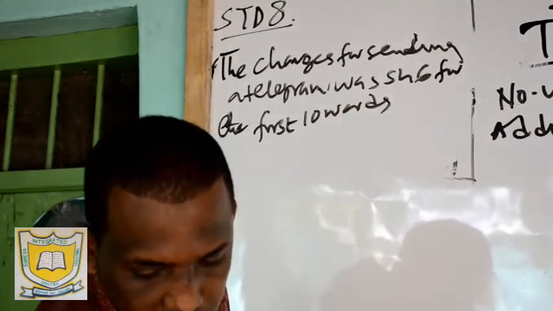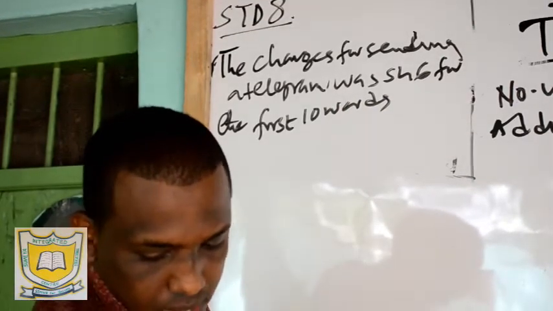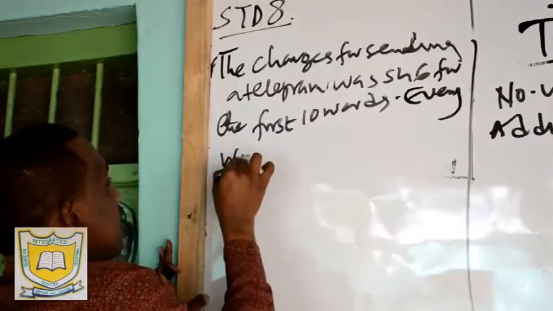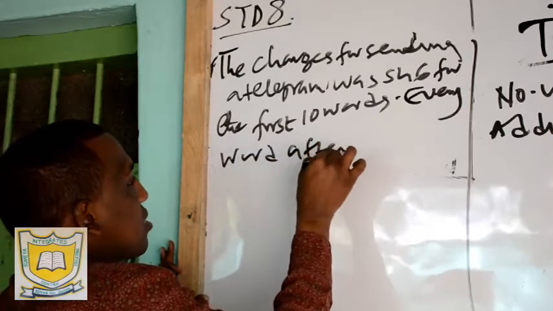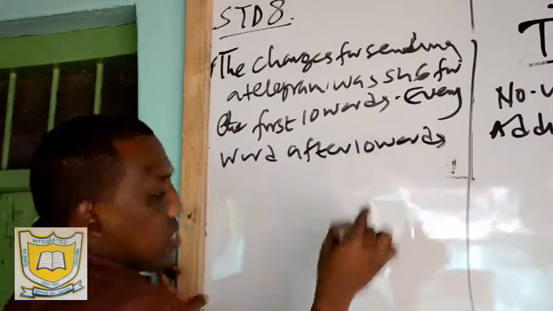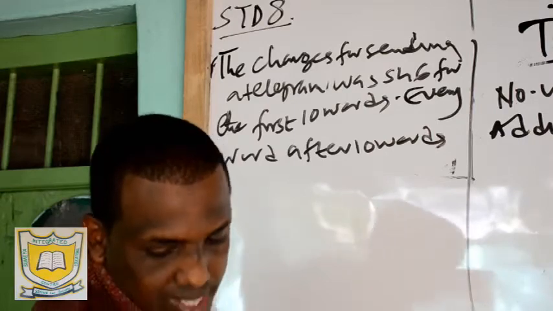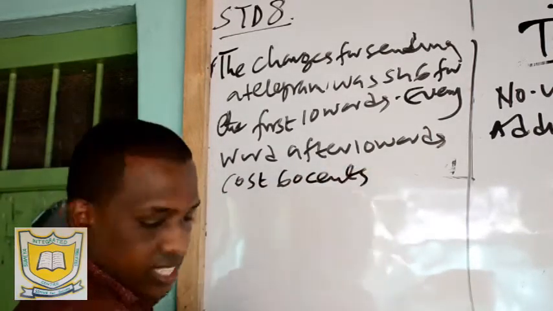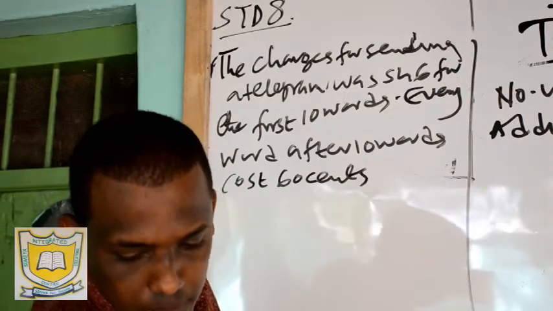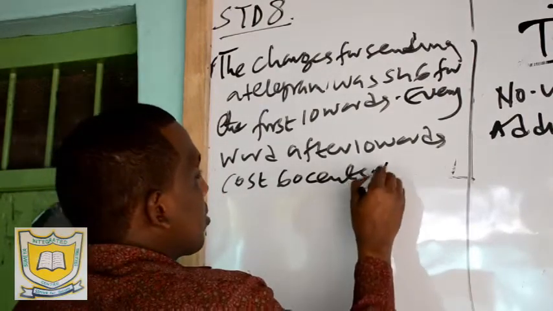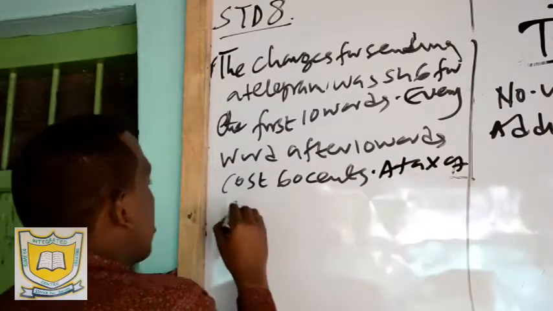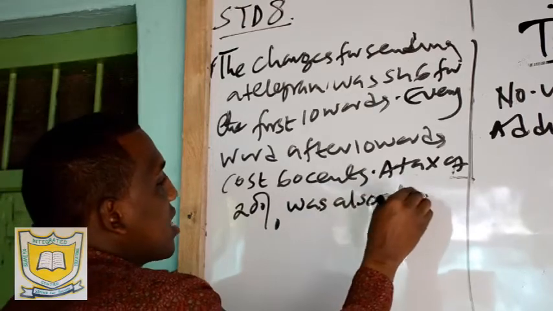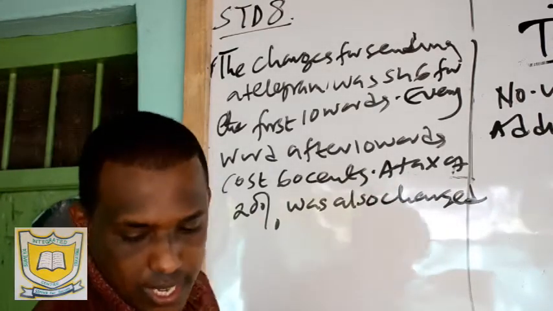Then you are told every word after 10 words costs 60 cents. Then a tax of 20% was also charged. Government tax was also charged.